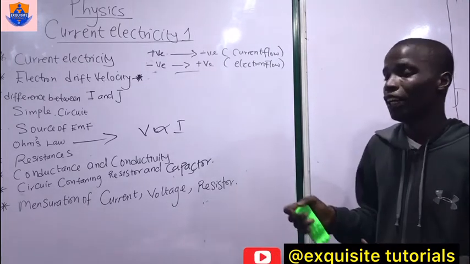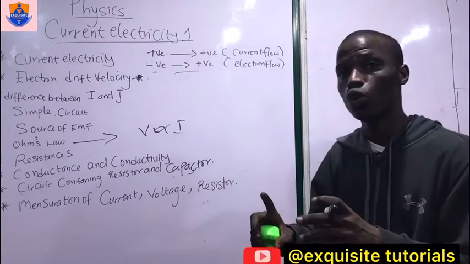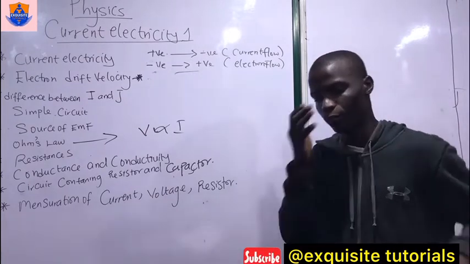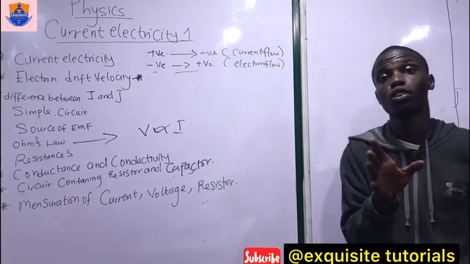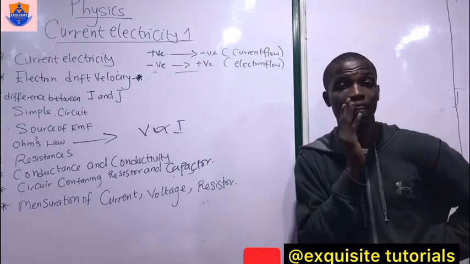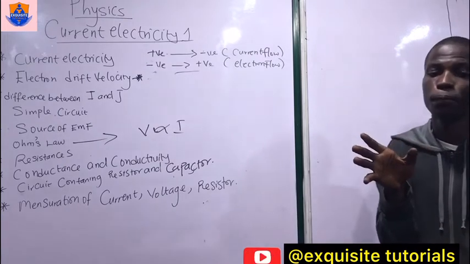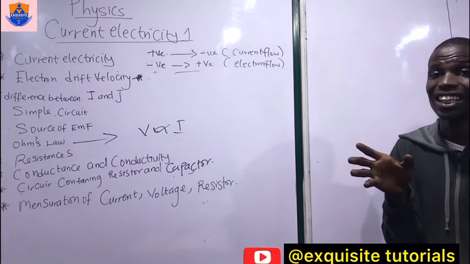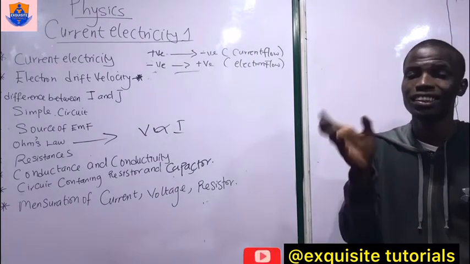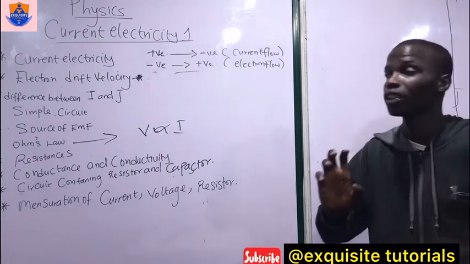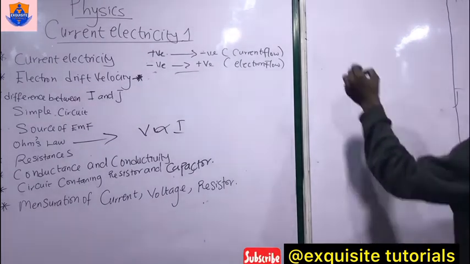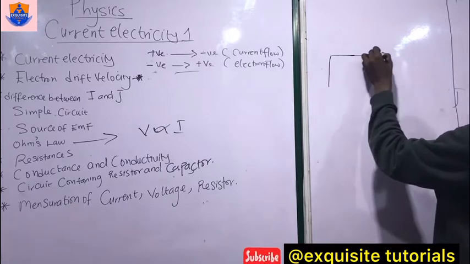So now I'll be talking strictly on shunts and multipliers. These are examples of devices that can either help you increase a DC current or reduce a DC current. Now for the shunt, let's assume this is a device.